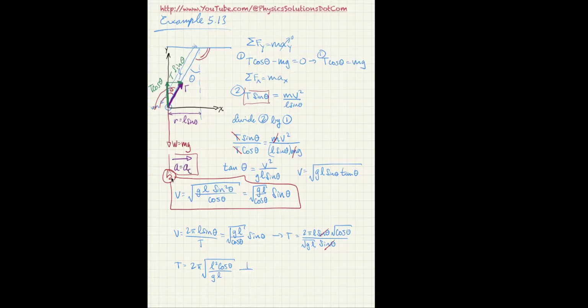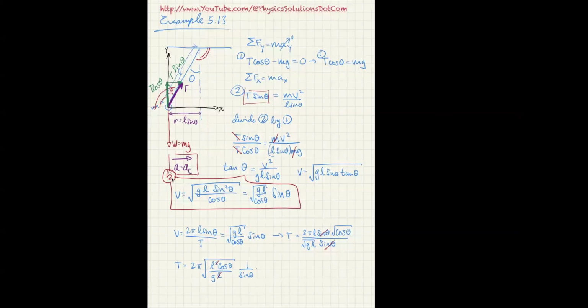I'll just say 1 over sine theta. Not the best looking thing, but it's okay. I'm still playing with it. Now that I pulled that L squared in there, that exponent of 2 can cancel out and just leave an L in the top and a g in the bottom. And I can go ahead and force the sine under the square root by squaring it.